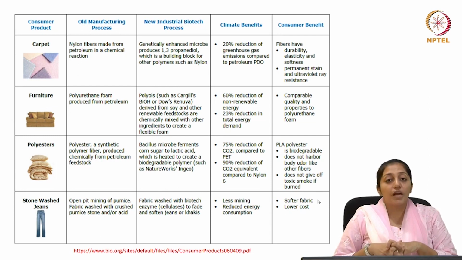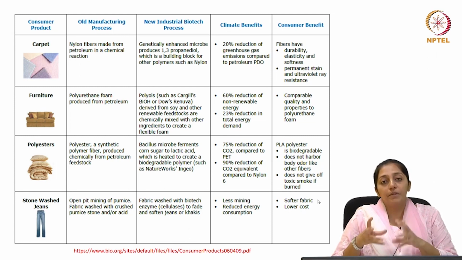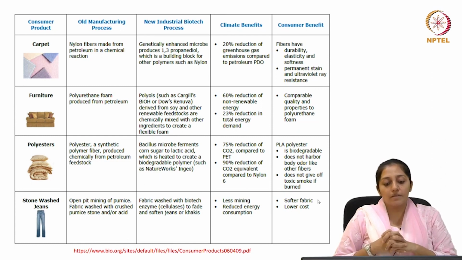Then polyols, which can replace polyurethane foams, can be produced using renewable feedstocks from certain microorganisms, which can then be chemically mixed with other ingredients to create flexible foams for use. All these processes again lead to up to 60% reduction in greenhouse gas emissions, or the use of renewable energy, and the durability and environmental friendliness, like biodegradability, is an added advantage.